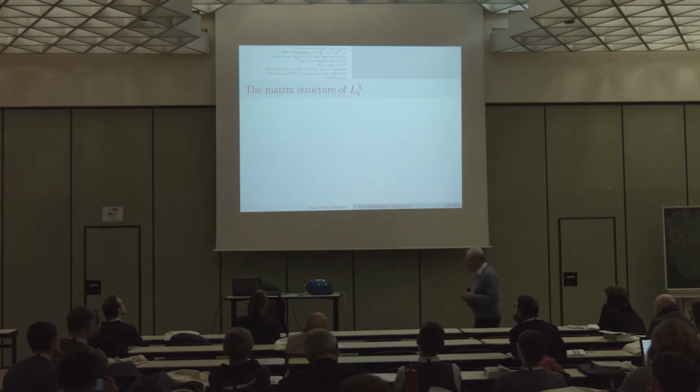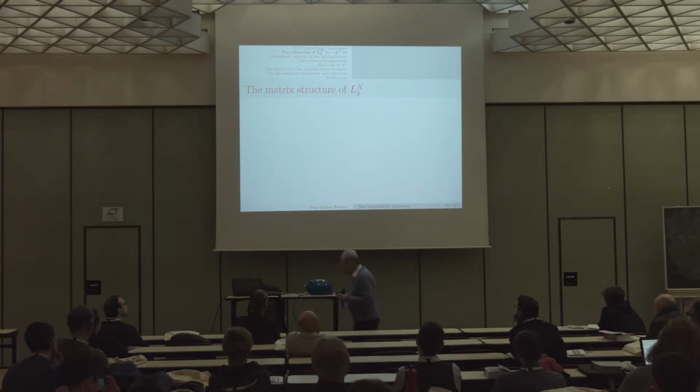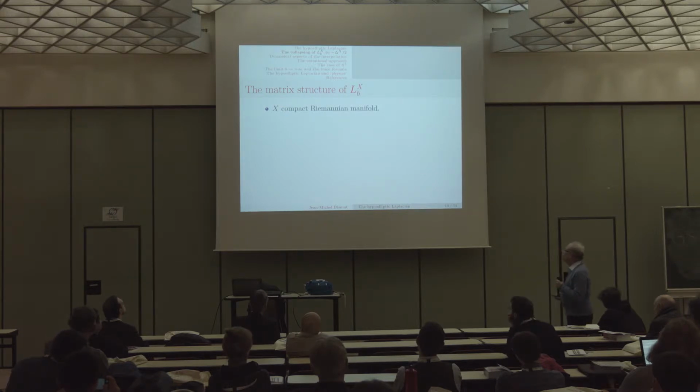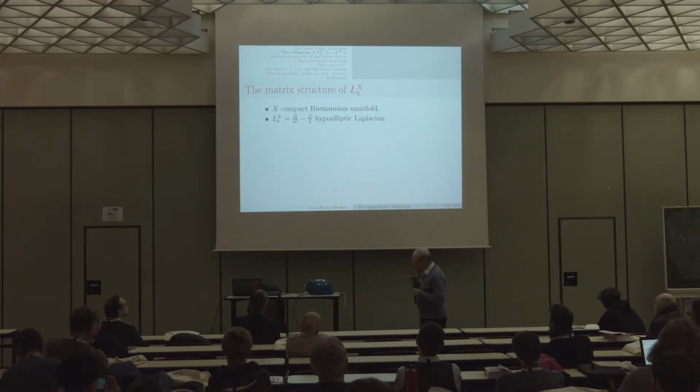So let me now explain simply why such an operator deforms the original Laplacian as b tends to 0. So again, X a compact Riemannian manifold, and I introduce this operator L_B^X now, which is a combination of the harmonic oscillator and of the geodesic flow.